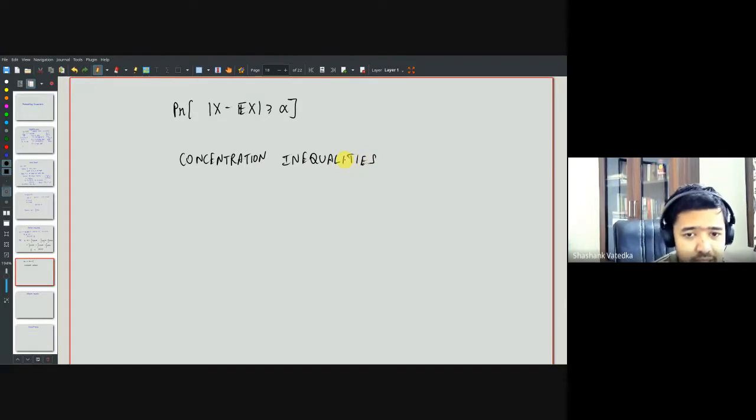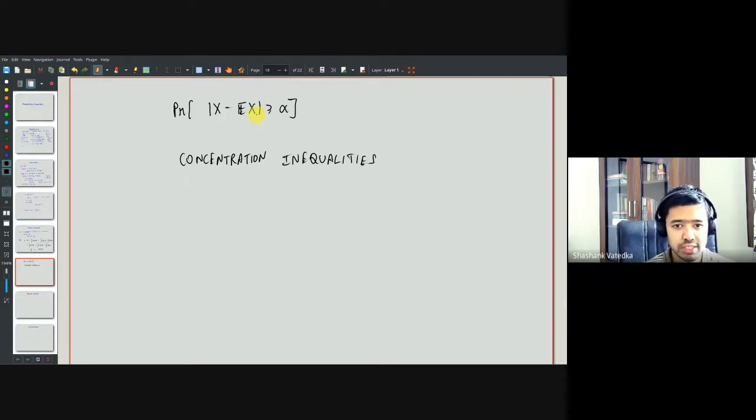So what they say is that if you look at this particular quantity, the probability that x is very close to the mean, it turns out that for many random variables of interest, this probability is going to be high. Now, if you look at a single random variable, it may not be very useful.